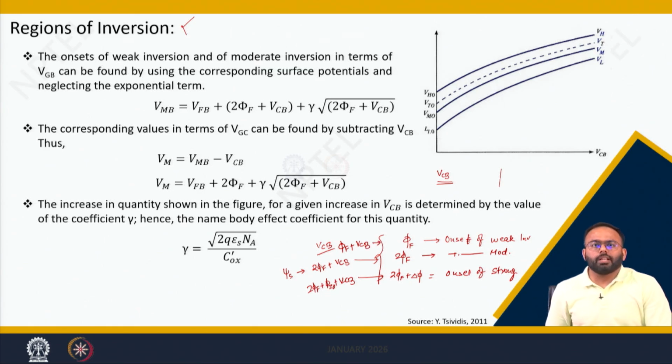So now can we rewrite these equations using our potential balance equation, such that we can find out what amount of gate voltage we require to get these onset points?